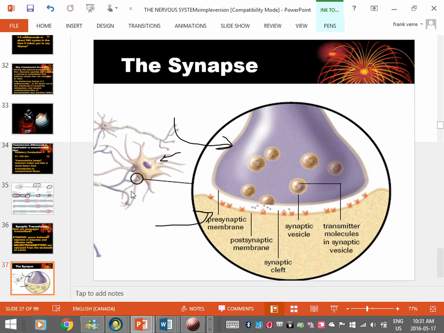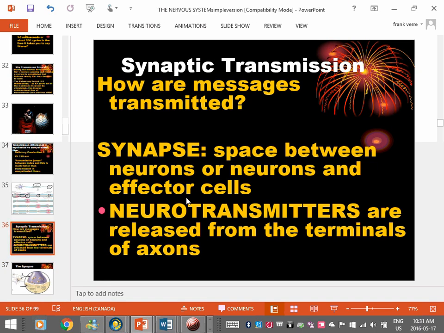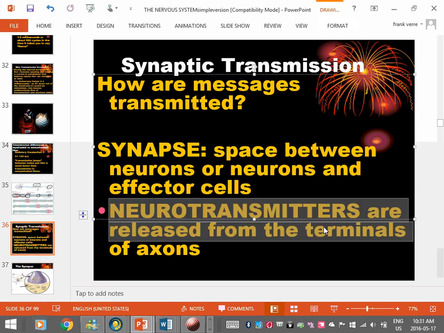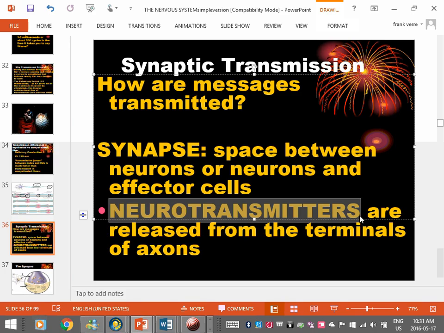So one neuron is going to send information to that neuron, and we're going to talk about how that works. Okay? So the chemical that comes out of the neuron that sends out the information, that chemical is called a neurotransmitter, which you can see right here, okay? Neurotransmitter. That's the chemical that is released from the neuron that sends out the information.